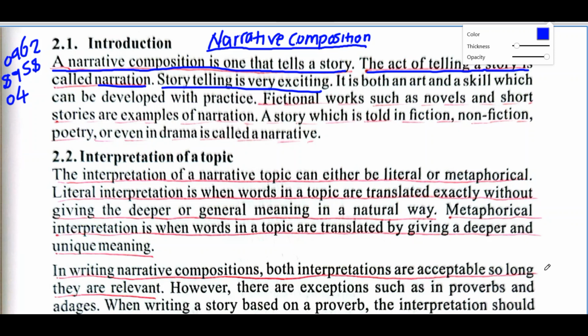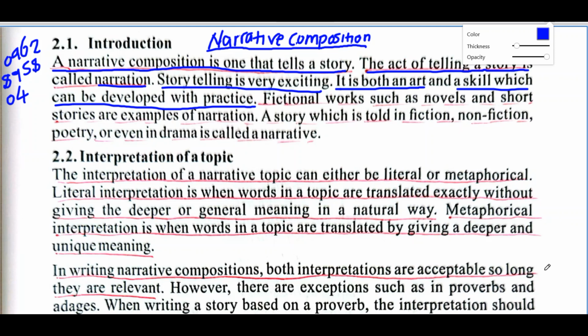So what you need to know is this narrative composition is both an art and a skill which can be developed with practice. Now, practice, we are not only talking about writing these compositions or paragraphs every day.